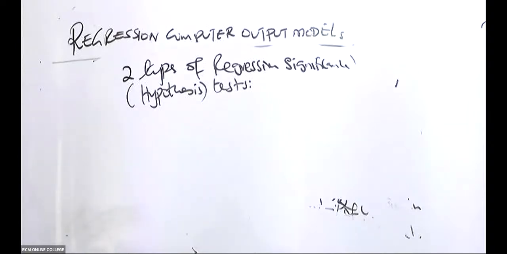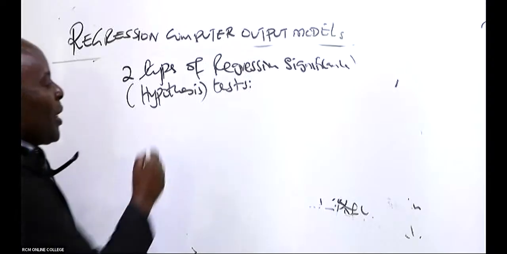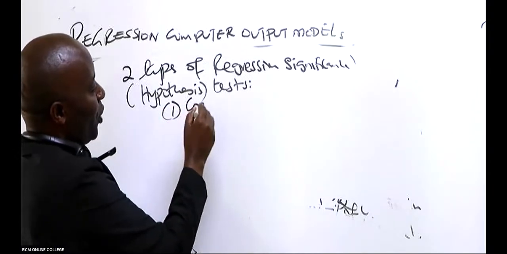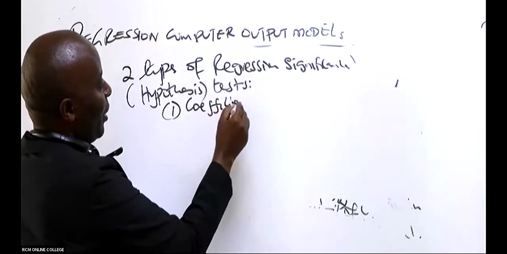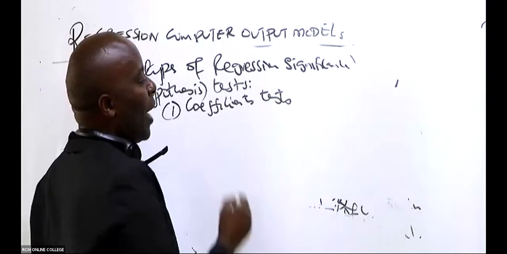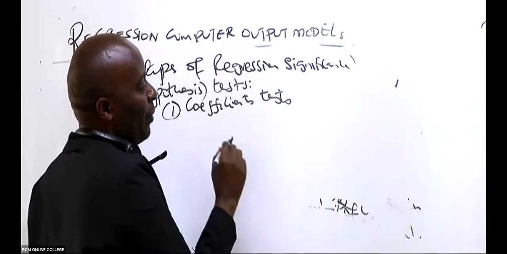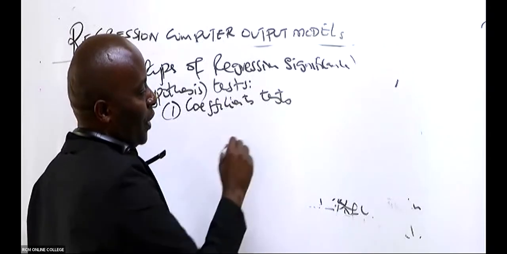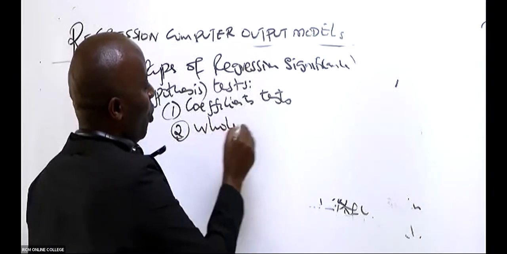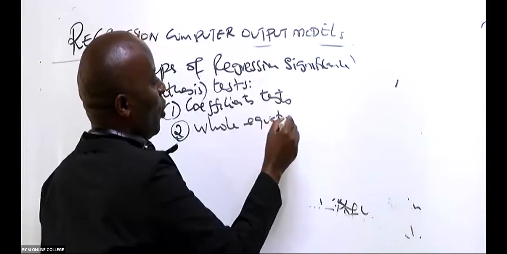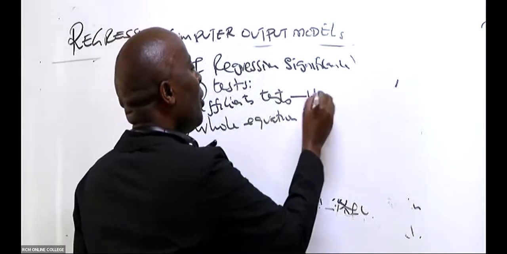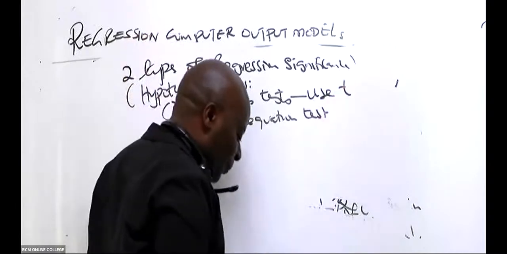Number one, coefficients tests or variable tests. And number two, we have what we call whole equation tests. For the coefficients test, you use the T statistic.